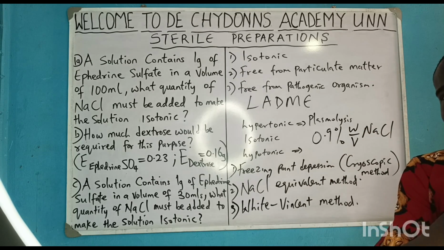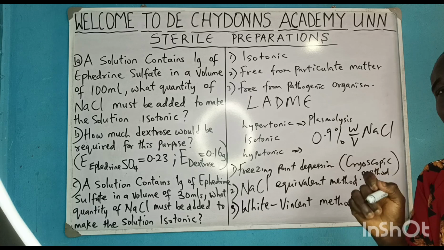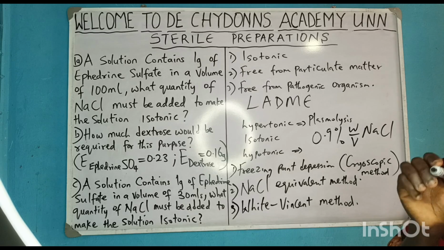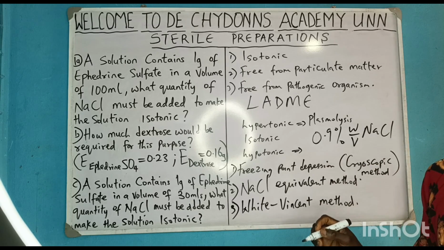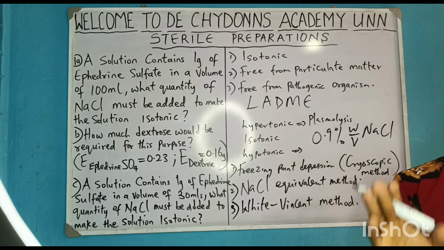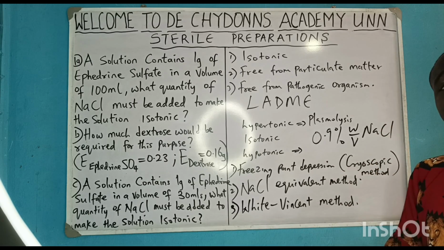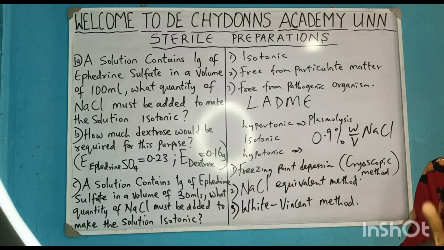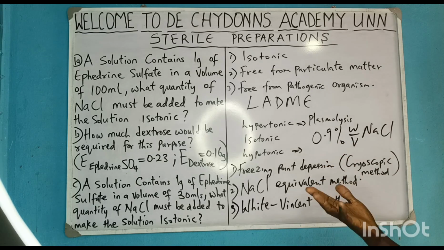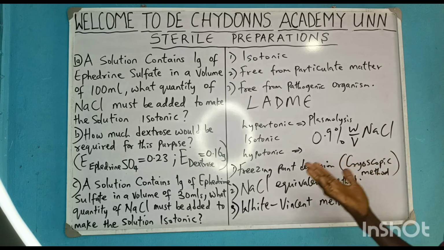Do not forget that your blood plasma contains 154 milliequivalents of what? Cations and 154 milliequivalents of what? Anions. Now, that's your blood, so to speak, which we must make isotonic.